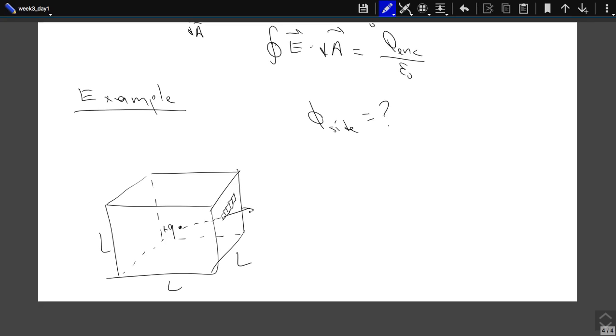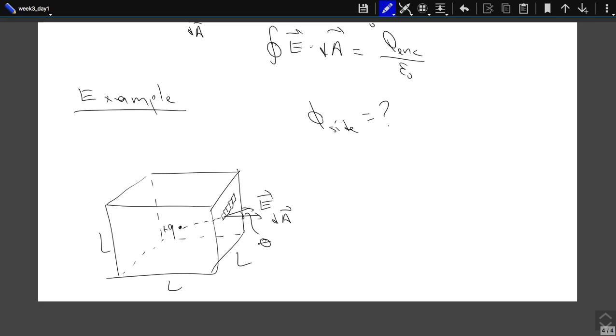In this direction, this is the electric field. Now the dA vector will be just perpendicular to that side. And this angle over here, let's call it theta. The problem is, if you change your patch, this theta will change. It is doable. It will be lots of mathematics, lots of integration. In principle, you can do it.